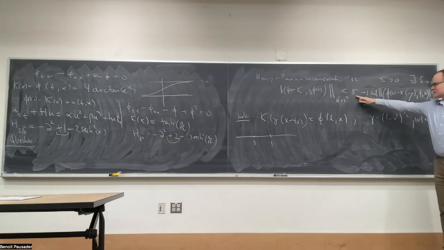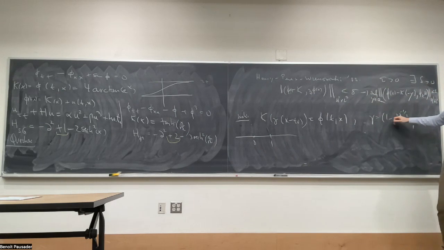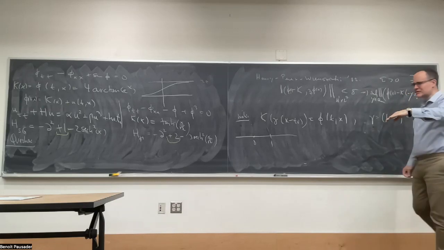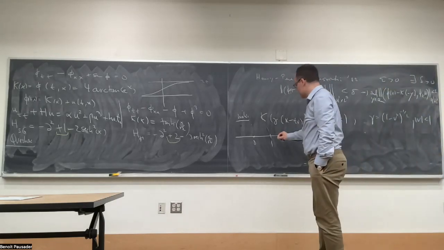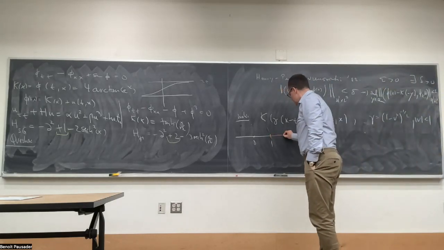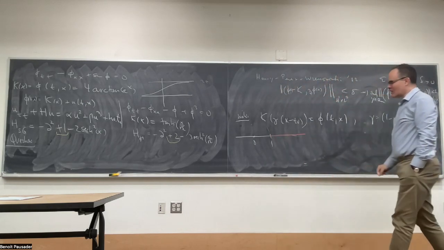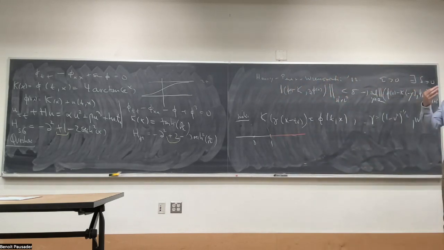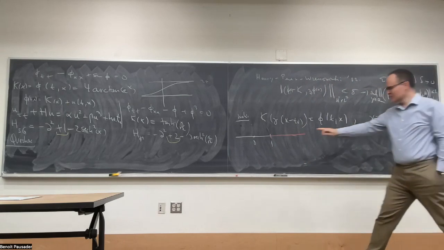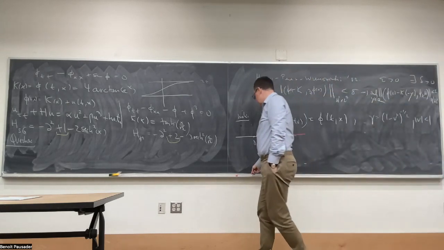Because this is small, the V will be nearly 0, this will be near 1, and then the kink transformed via gamma will still be close to that. The crucial observation you made, it's enough to do the translation mode. And you see this already from the spectrum. The spectrum is not generated by the Lorentz symmetries, but the zero mode is generated by the translation symmetry.